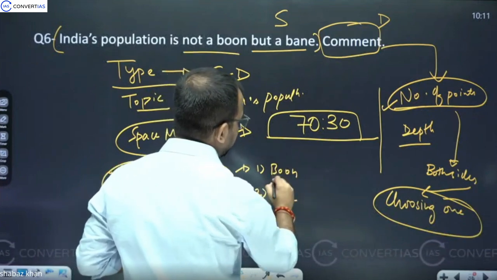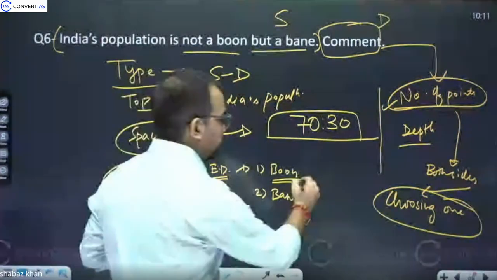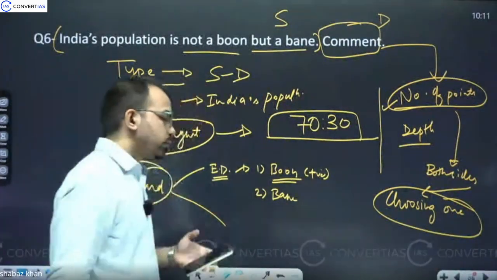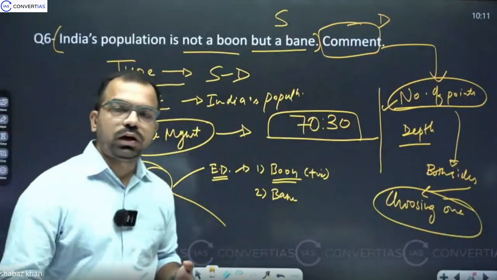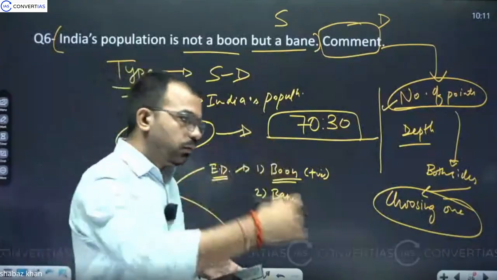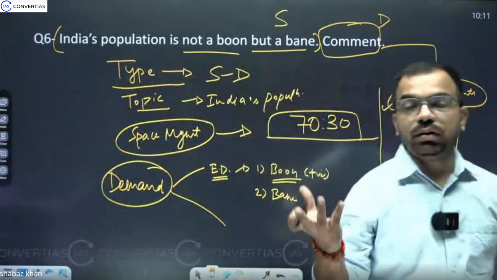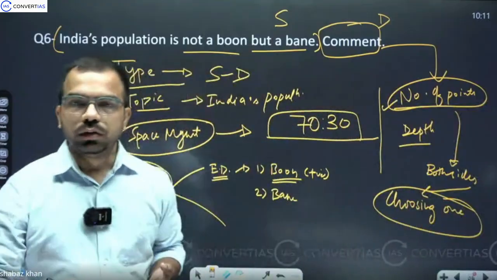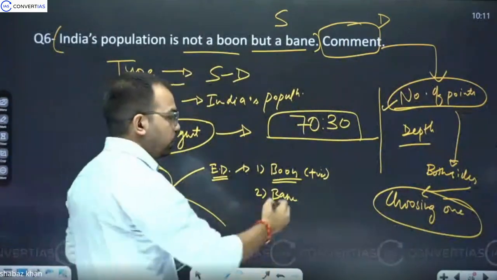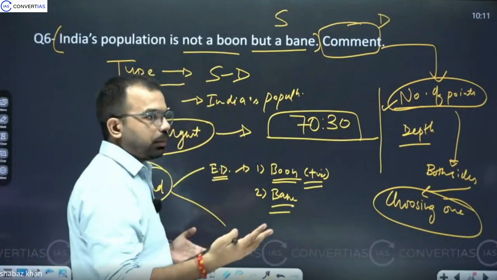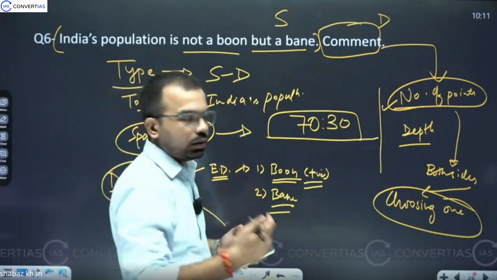Boon means kind of positive. Okay, it is a very positive thing. In Hindi we call it वरदान, and bane means श्राप. वरदान means you are getting something, some kind of power, some kind of wish come true from the gods. So boon is that wish come true, bane is that शाप, that negative thing that you get.